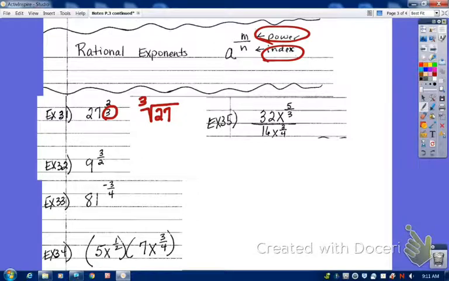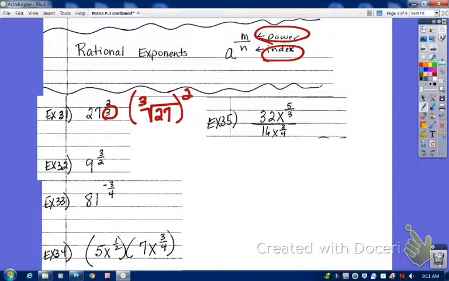So that 3 on the bottom of your exponent that is a fraction really says the cube root of 27. Later on, you're just going to visually see this. It's the cube root of 27 raised to the power of 2. The top of the fraction is the power, the bottom is the index.